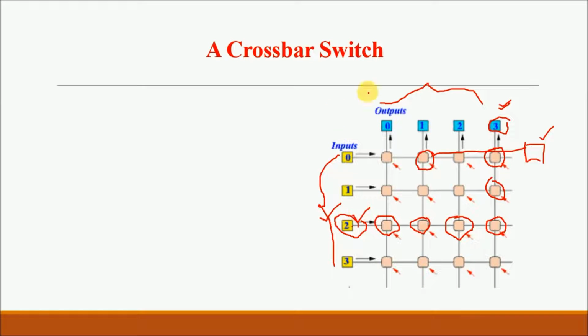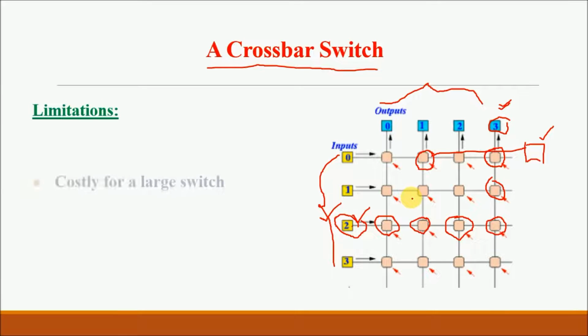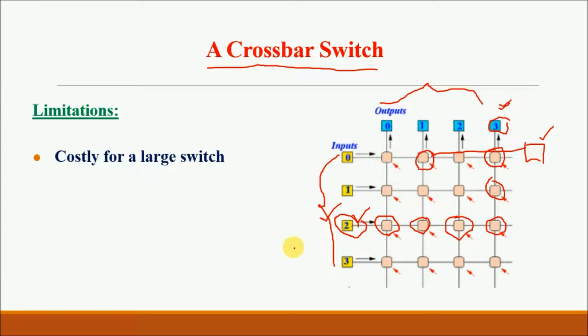So this is one crossbar switching technique with four inputs and four outputs. If we increase the number of inputs and outputs, this matrix will be enlarged; a larger matrix will be used. But crossbar switching has some specific limitations. What are those limitations? The first one is that it will be costly for a large switch.